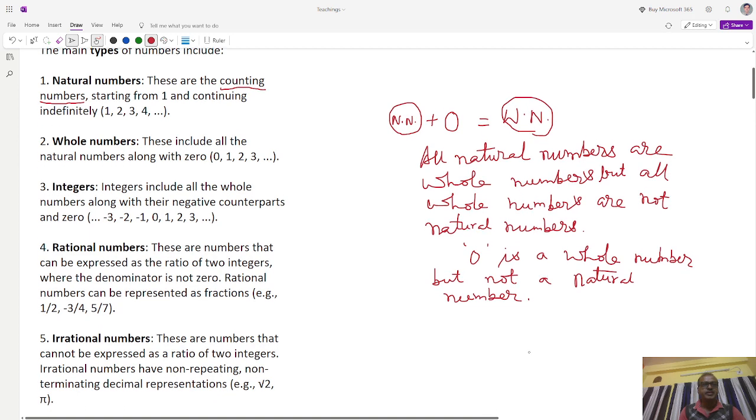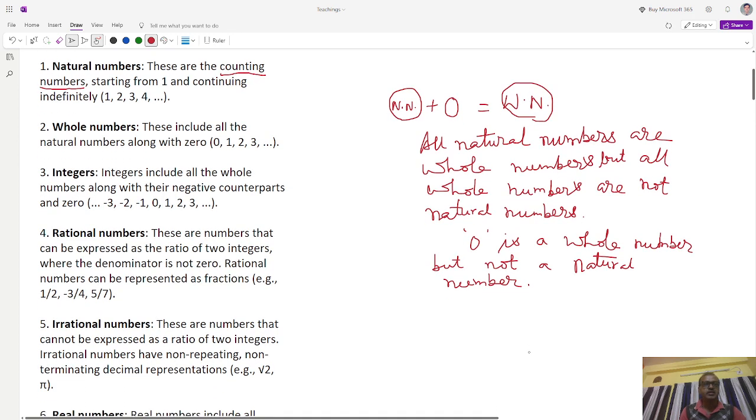Now come to the integers. Integers include all the whole numbers along with their negative counterparts and 0. Integer means plus minus as well as 0 are the integers.